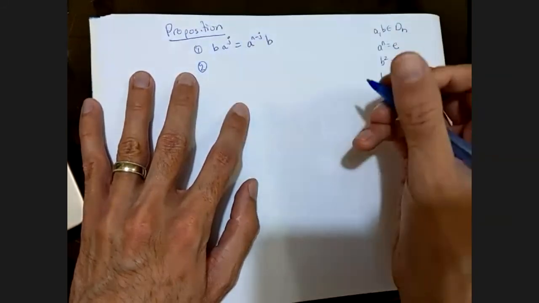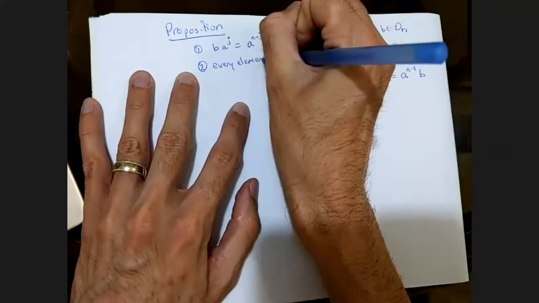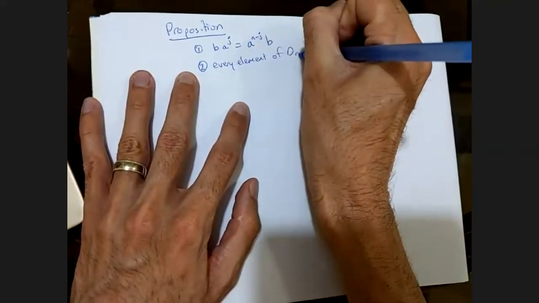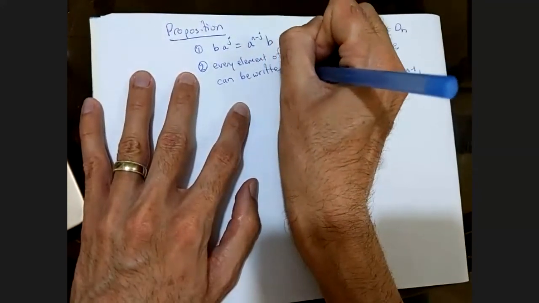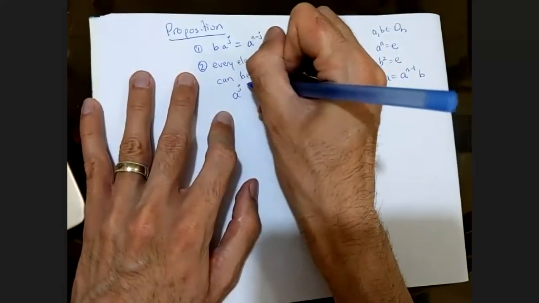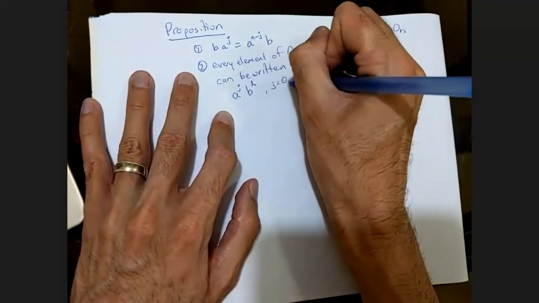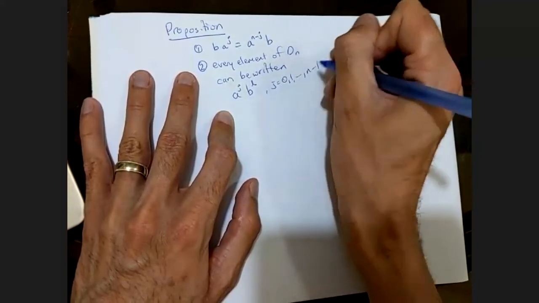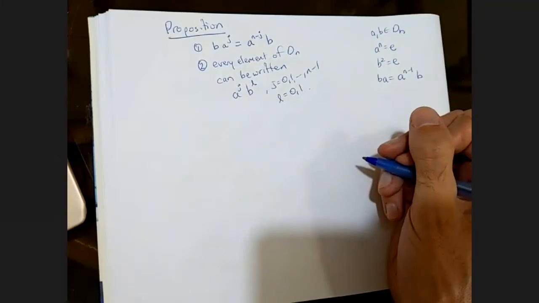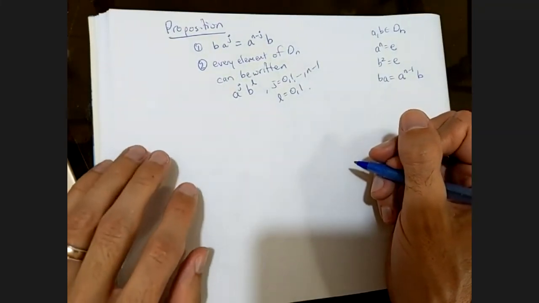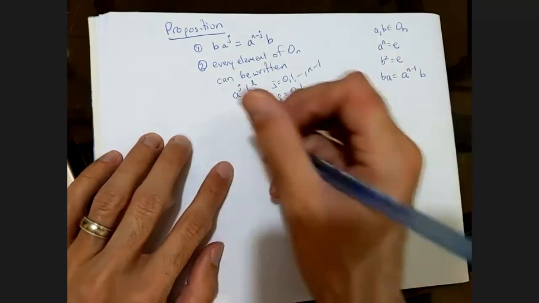Every element of Dn can be written A to the j, B to the L, j going from 1 up to n minus 1, L being 0 or 1. In particular, Dn has 2n elements.